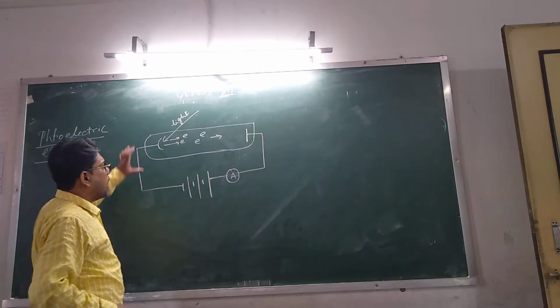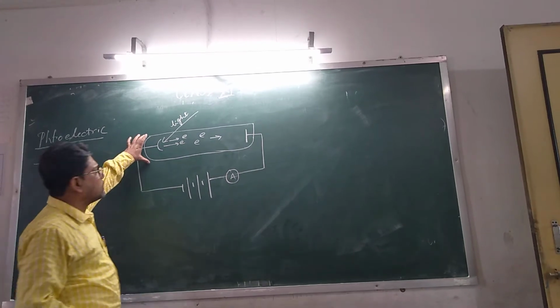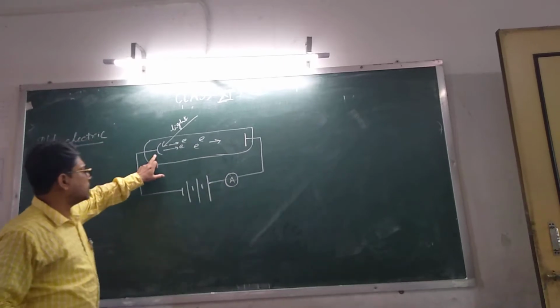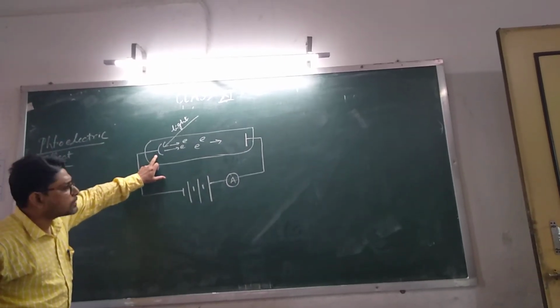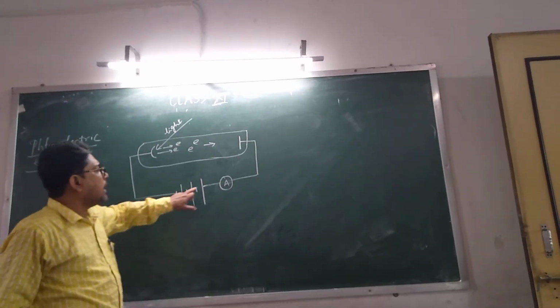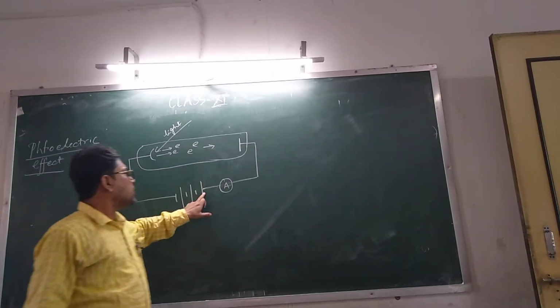In an evacuated glass tube, two electrodes are taken. One electrode, from where the electrons are emitted, is taken as the negative terminal, and another plate is taken as the positive terminal.